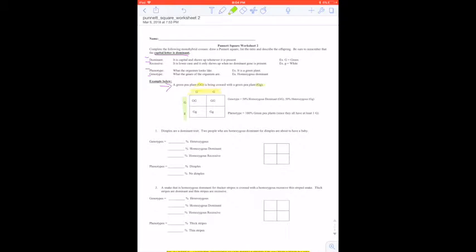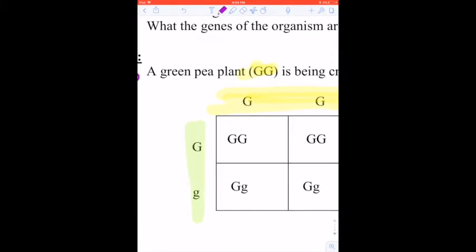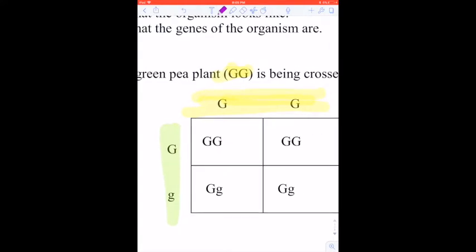Once you are done writing the parents, then you're going to fill in your box by bringing one letter down and the other letter over. So that's how they got those 2 capital G's. Then you go to the next side, or the next box, and you need to bring a letter down and a letter over.